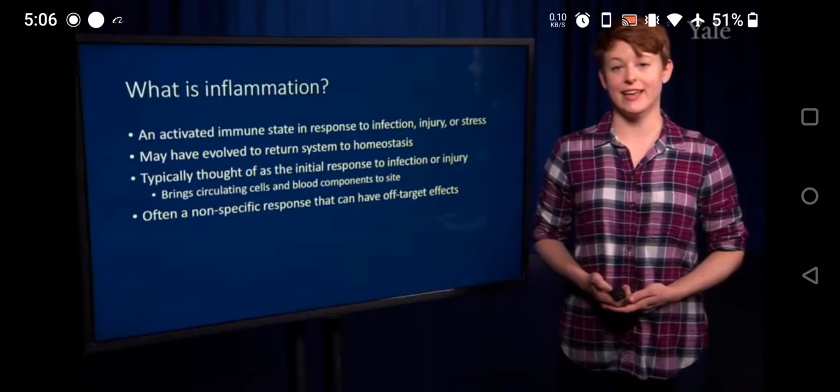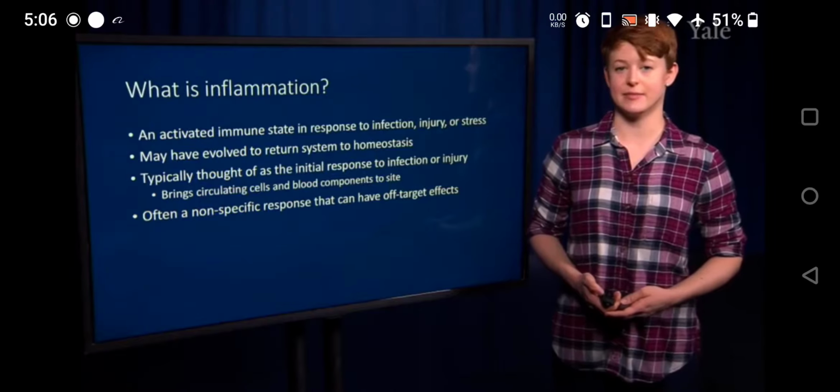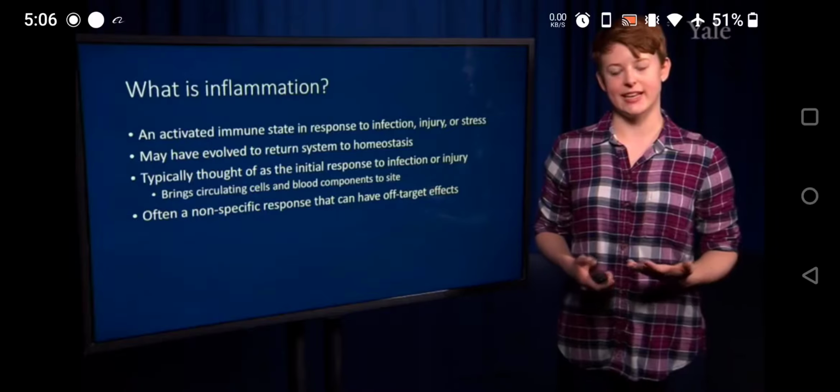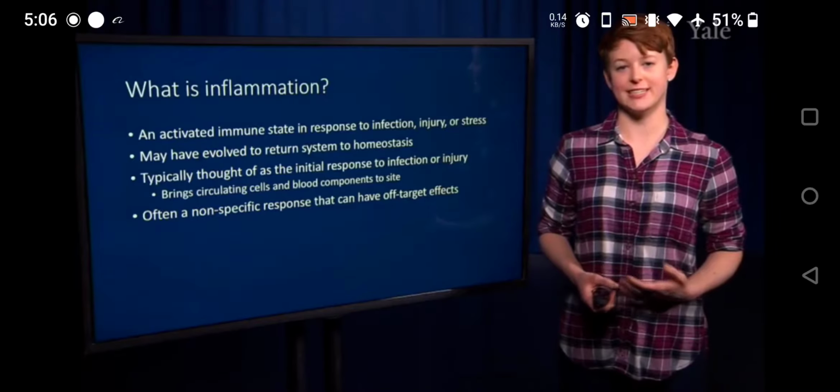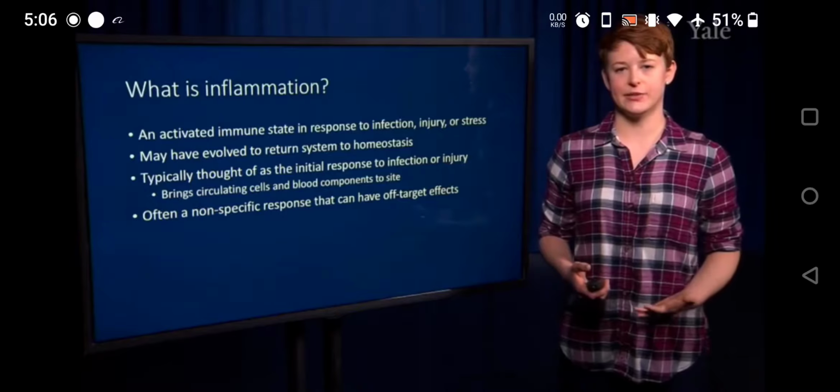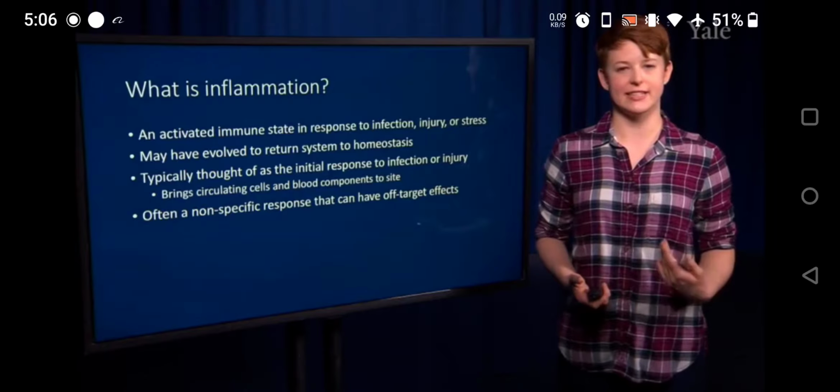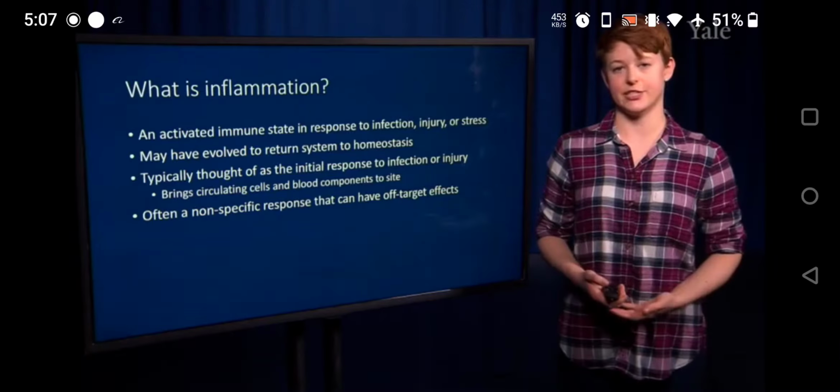So the response is mounted against any pathogen, injury, damage, and it leads to a large inflammatory response and influx of cells, and those cells can cause off-target effects such as additional tissue damage.